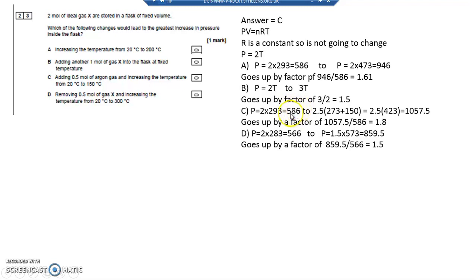So this one has gone up from a pressure of 586 to 1057.5. It's gone up by a factor of 1057.5 divided by 586. It's gone up 1.8 times.